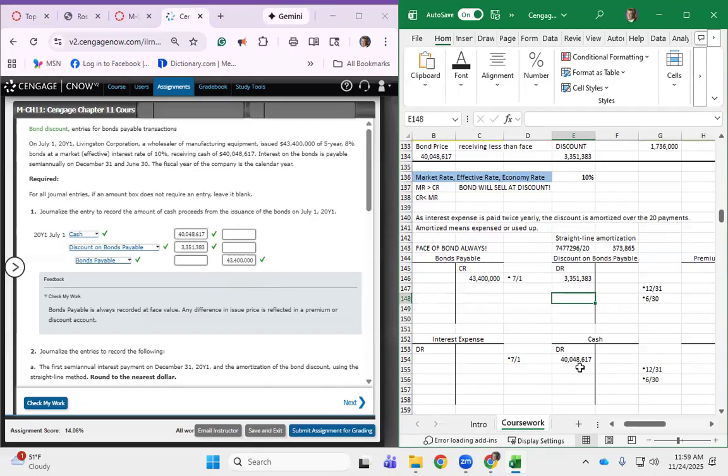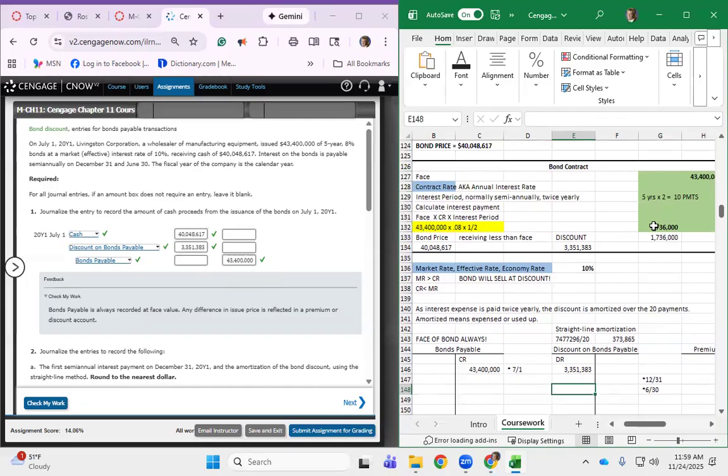Okay. So we did calculate our interest payment, right? So go back up to when you calculated the interest payment. The interest payment was taking the face times the contract rate times 1/2, right? And because we all have about the same bond faces and prices, I would say it's probably $1 million something or other. Mine is $1,736,000.